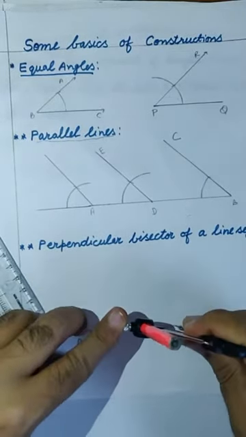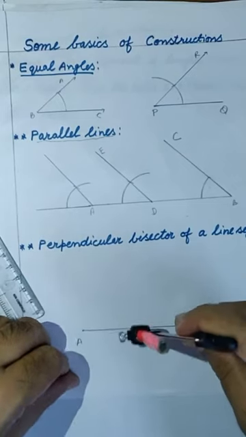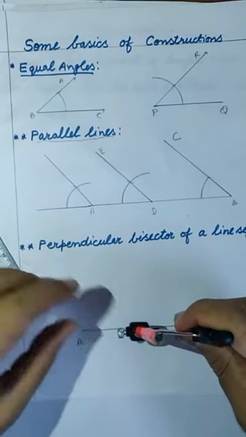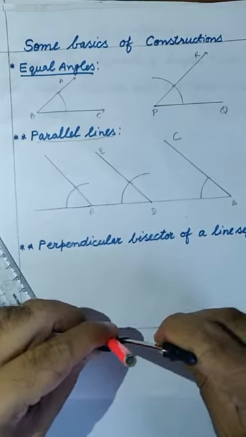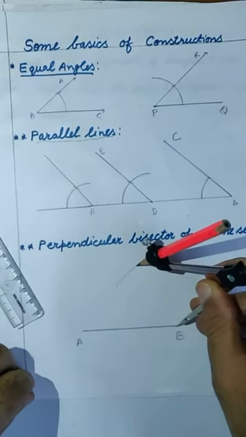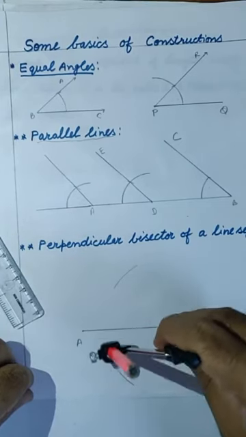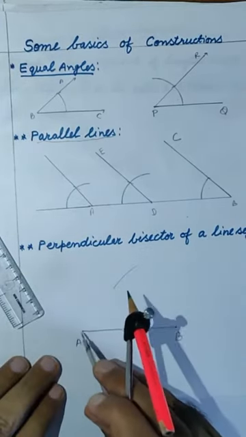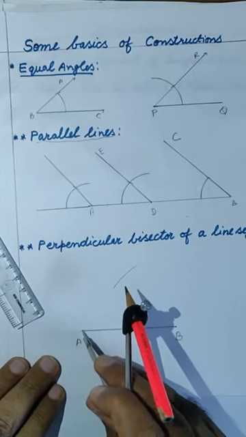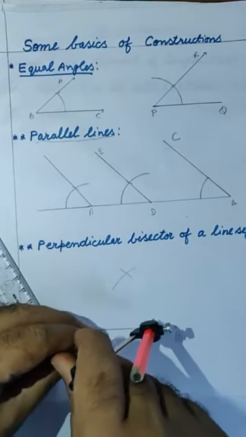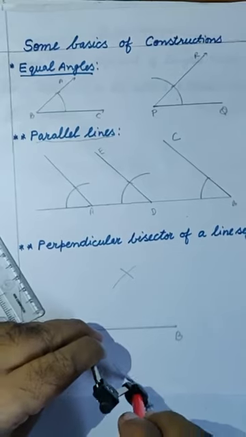If we open less than this, then the two arcs will not intersect. So open more than half and draw an arc upward and downward of this line segment, and from this A, you draw an arc intersecting both arcs.